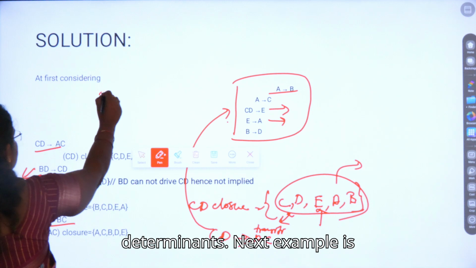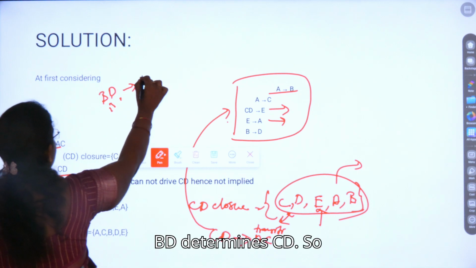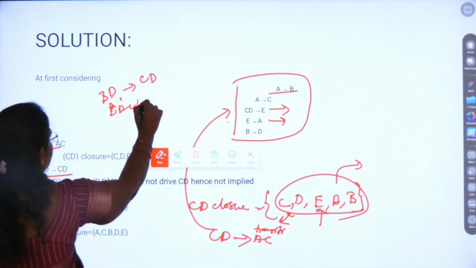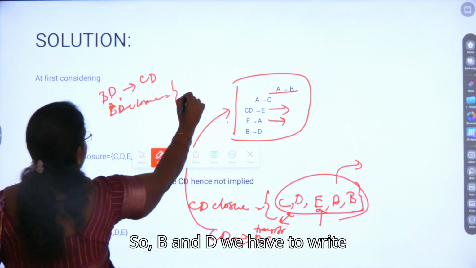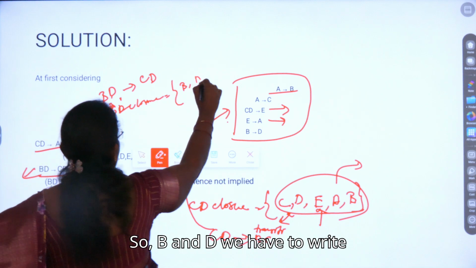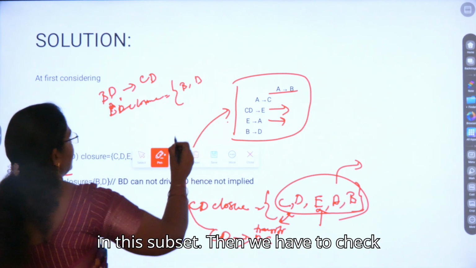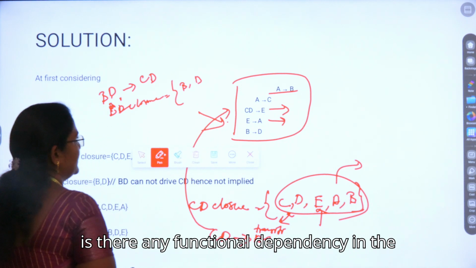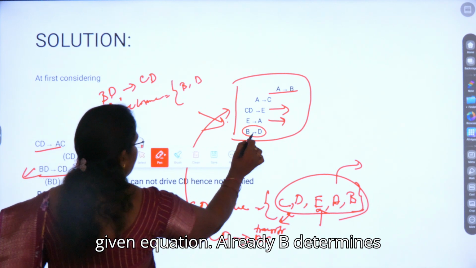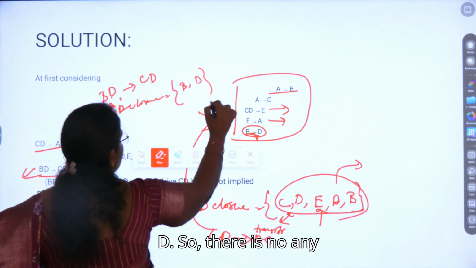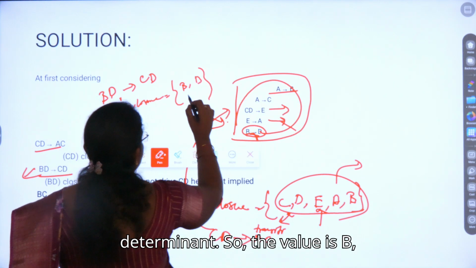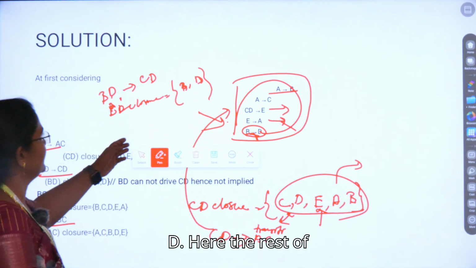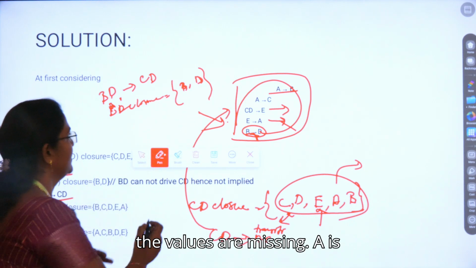Next example is BD determines CD. So here we have to find the BD closure. So B and D we write in the subset. Then we have to check whether there is any functional dependency in the given question. B determines D already, so there is no new determinant, so the value is B comma D. Here the rest of the values are missing.